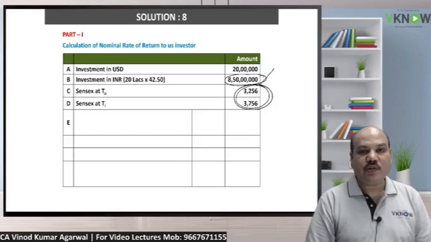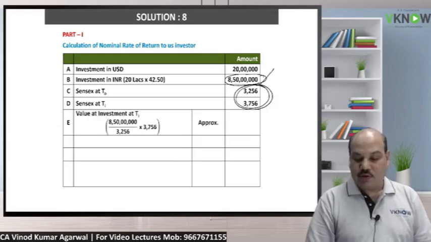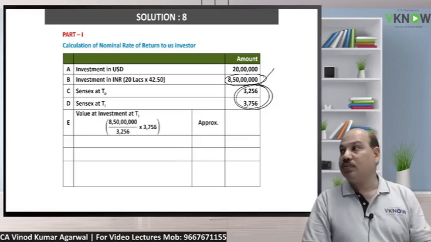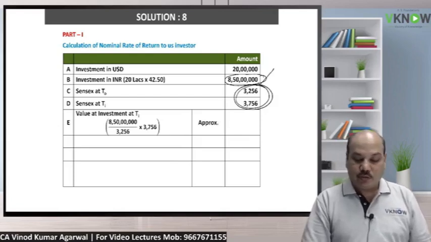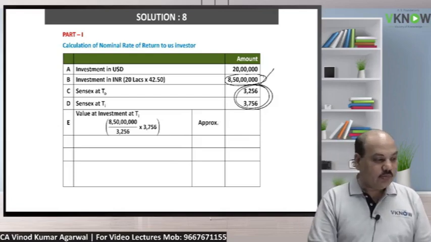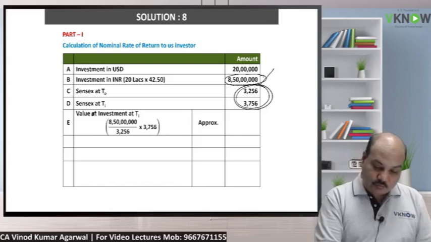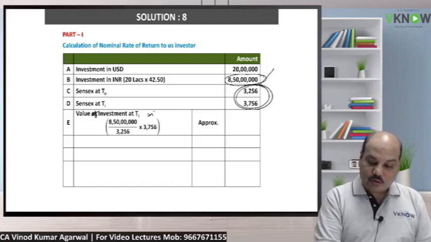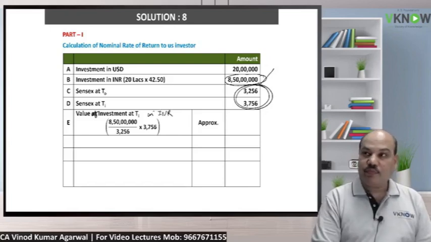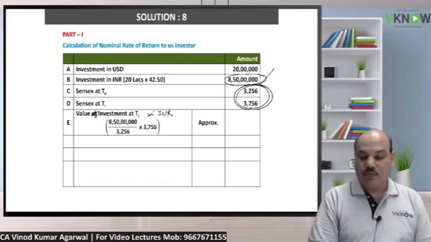The way Sensex has appreciated, the investment will also appreciate proportionately. So point number E would be value of investment at T1 in INR.